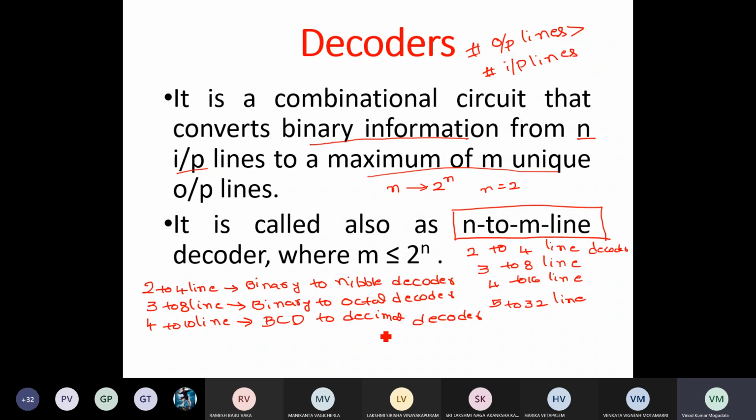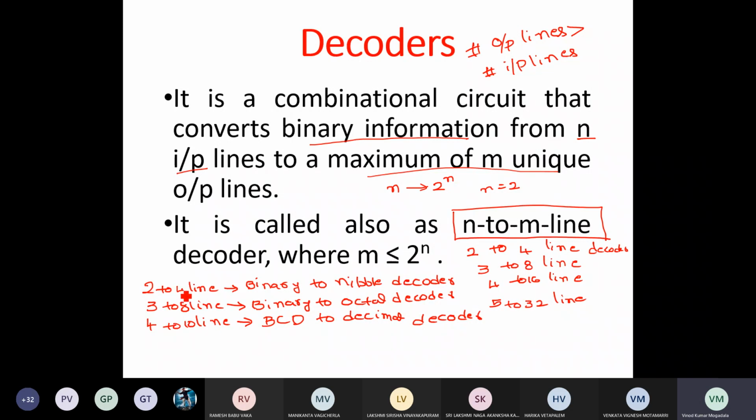With 4 inputs, a maximum of 16 outputs is possible, but decimal has 0 to 9 only. That means only 10 output lines. So a BCD to decimal decoder is also possible.